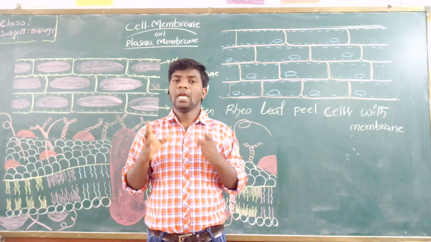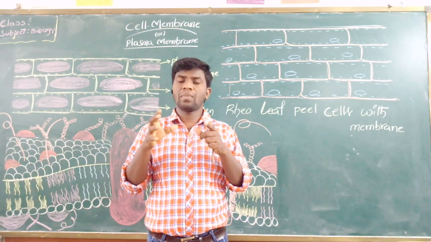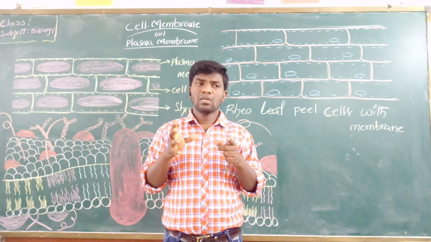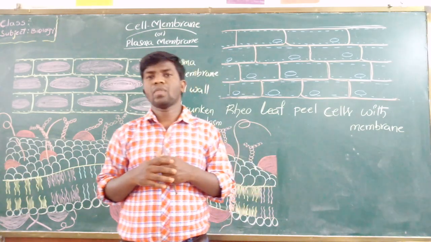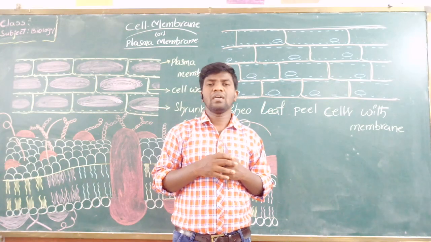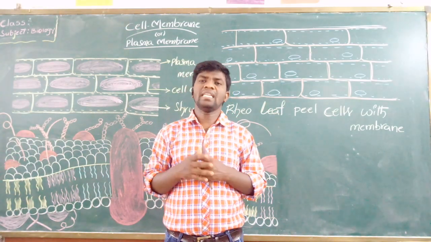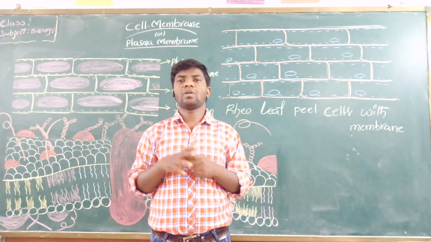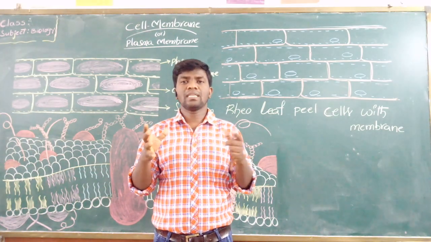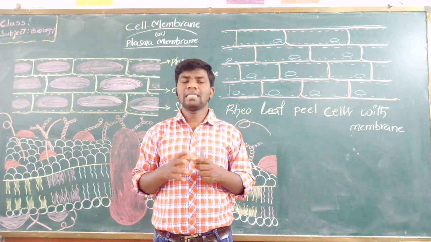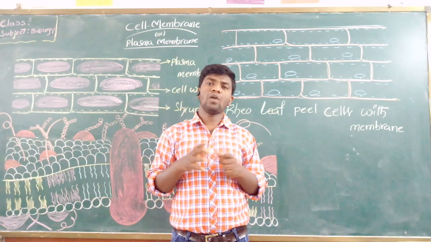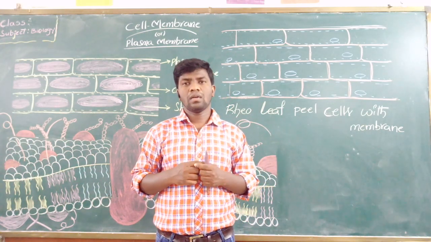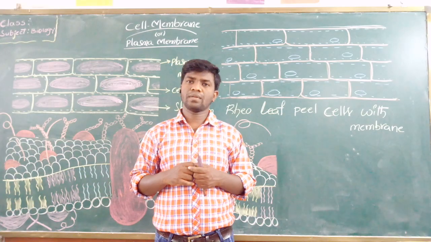The lipids are arranged with the polar head towards the outside of the membrane, which is hydrophilic, and the hydrophobic tails towards the inner part of the cell membrane. This ensures that the non-polar tail of saturated hydrocarbons is protected from the aqueous environment.